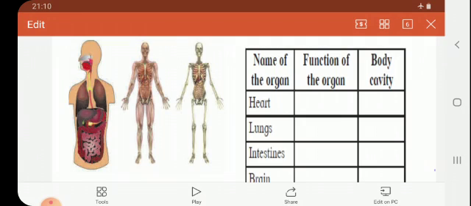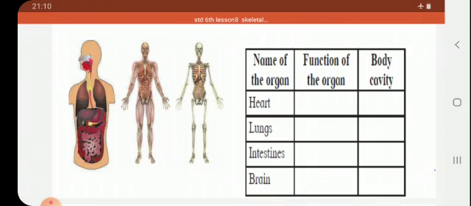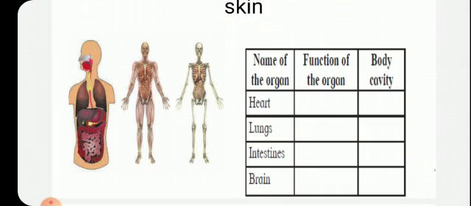Intestine digests fatty food substances along with the carbohydrates and proteins which are not digested in the stomach. Intestines are two: small intestine and the large intestine. So where is the intestine present? It is present in the abdominal cavity.